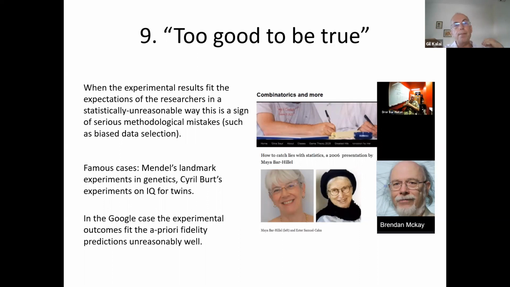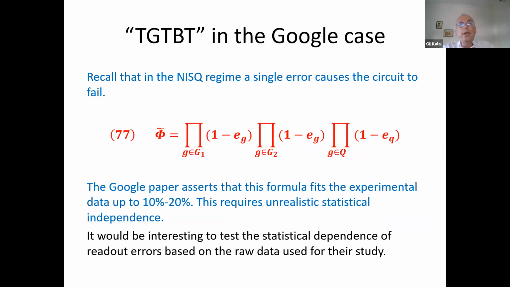Another famous, or infamous, example is the Cyril Burt experiment on IQ for twins. There also the theory matched the data in a way which is too good to be true. And in the Google case, the experimental outcome fits the a priori fidelity prediction unreasonably well. So it is too good to be true in the Google case.